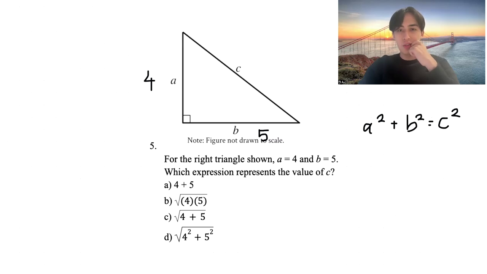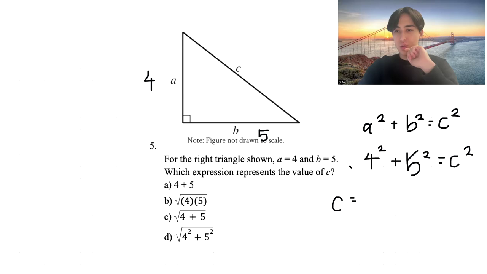So A is 4, B is 5, equals C squared. So now we have to find the value of C. In order to find the value of C, what we have to do is find the square root of both sides to cancel out this squared.